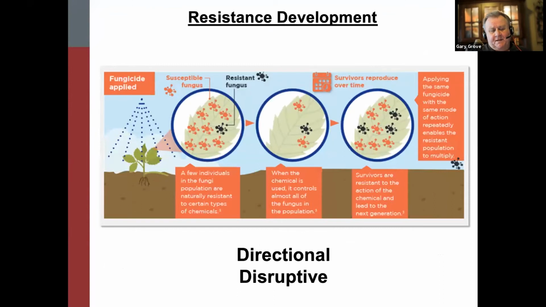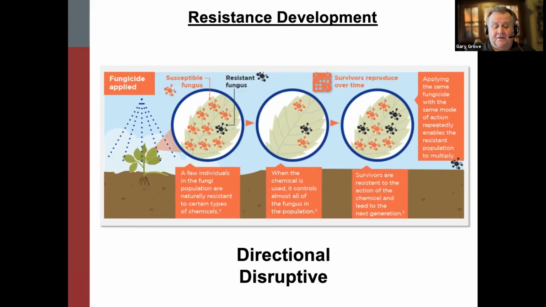Resistance development, there's two different types: directional and disruptive. If you look at resistance development over time, the far left is today and the far right is down the road. When you first expose the population to the fungicide, the population is comprised largely of fungi that are susceptible to the fungicide, but there may be a few resistant individuals in that population.